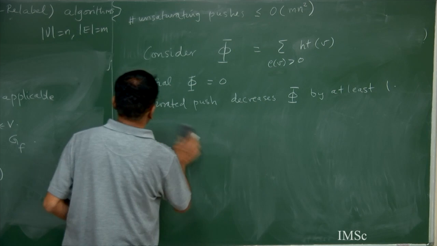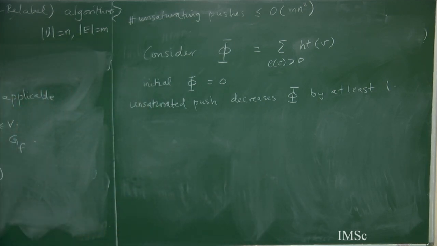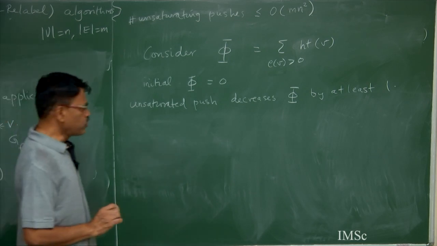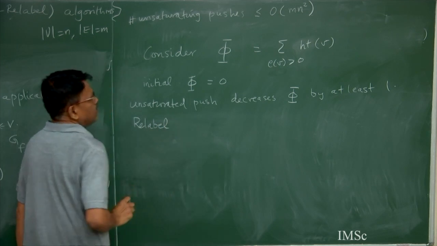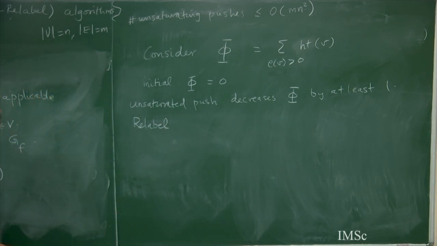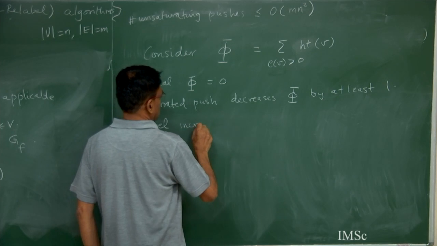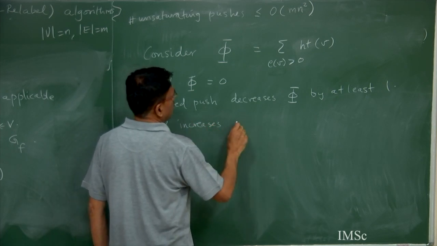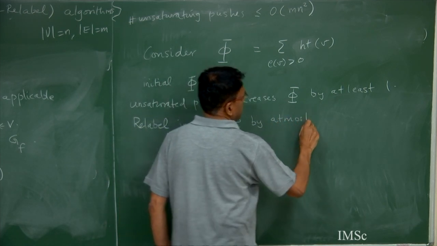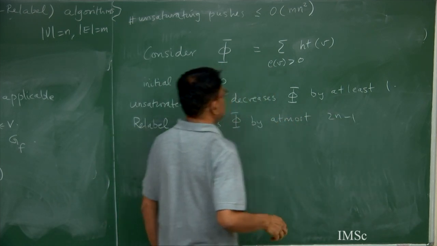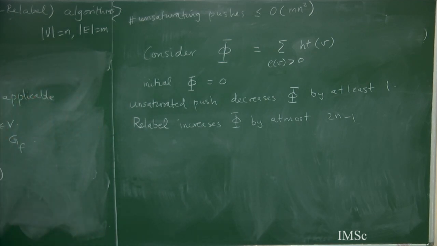And I claim that every other operation, the saturating push and the relabel operation, increases phi by some small quantity. What happens to relabel? It increases phi by at most 2n minus 1, because it increases the height of some vertex, but its height can be at most 2n minus 1.